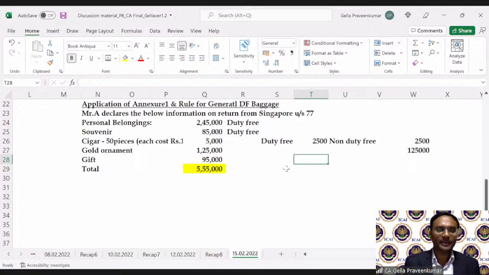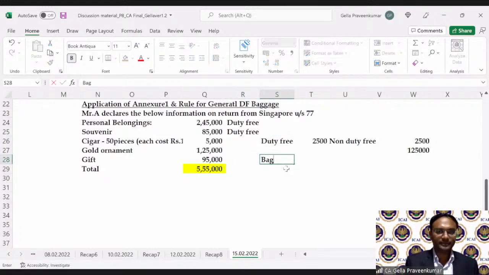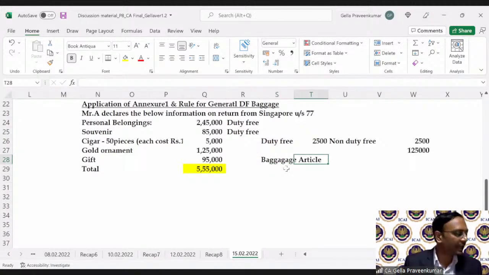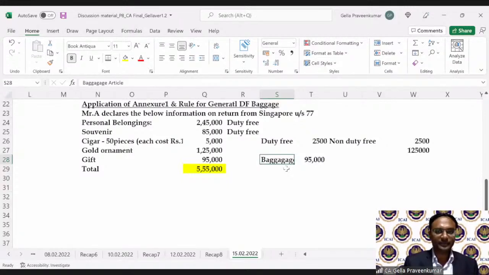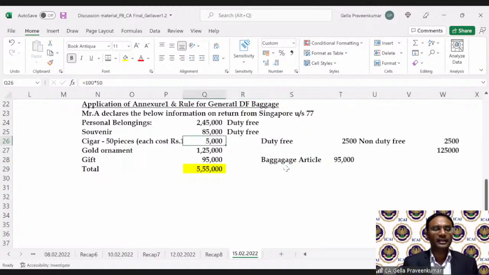Now, gift is forming part of article, my baggage article, which is not restricted in my schedule Annexure 1. Gift value is 95,000. So what I have done? Cigars out of 5,000. Duty-free baggage, 2,500 is permitted. Balance is not permitted. I have kept it as non-duty-free.